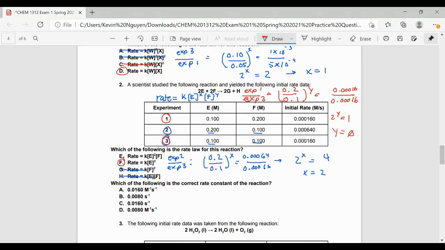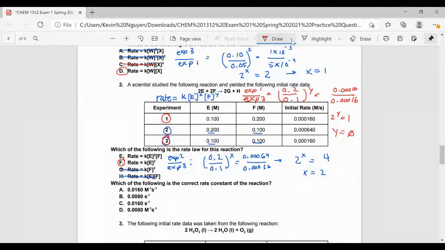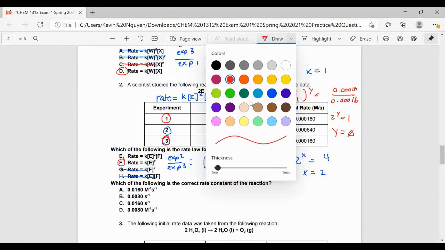Any questions on the first half here? All right. Yeah, it should be F. Okay, so now they're asking us to find the rate constant value, basically.